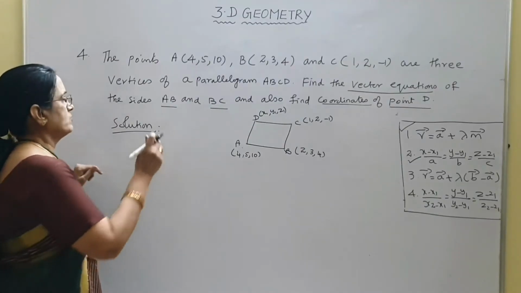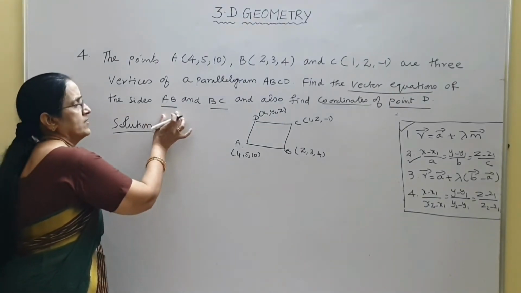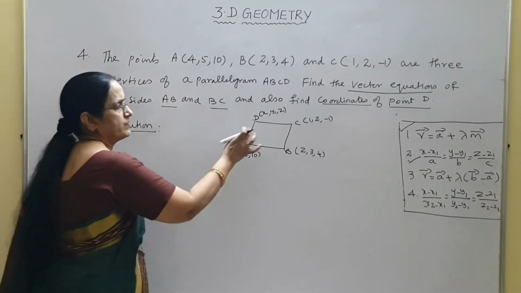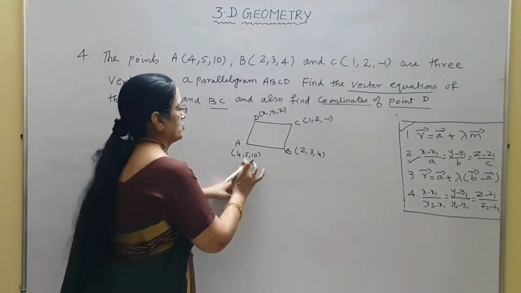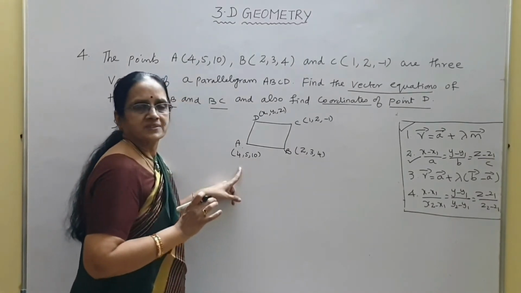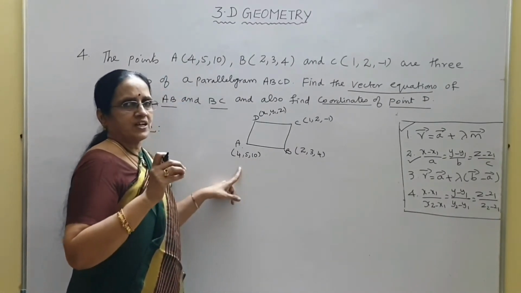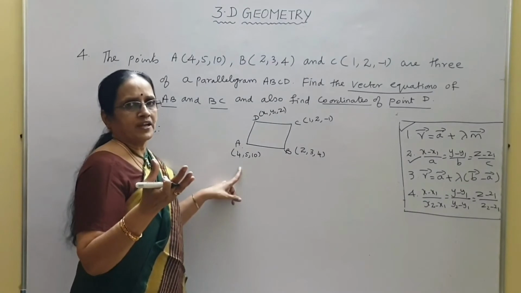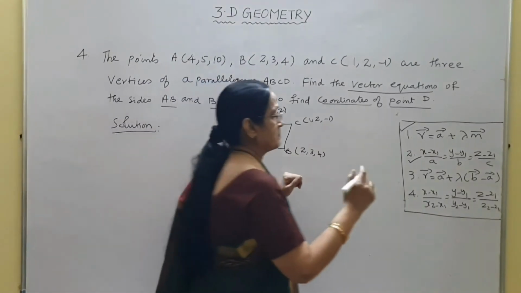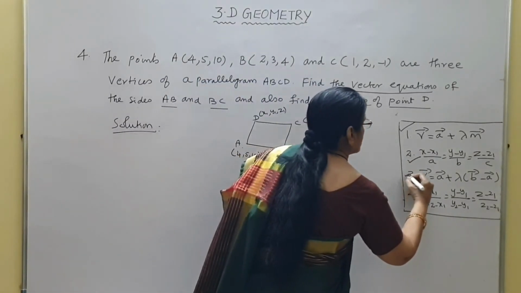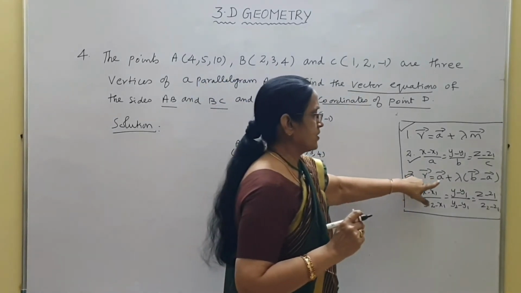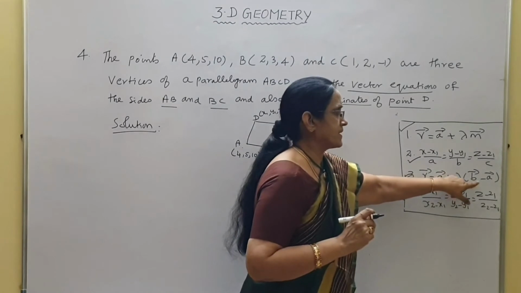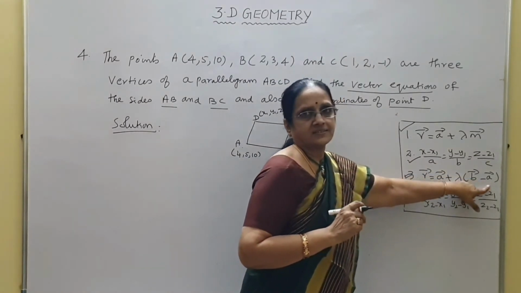First, let us write down the vector equation of the side AB of this parallelogram ABCD. If you see this, you have got 2 points. You know the vector equation of the line passing through 2 points. It is nothing but r vector is equal to a vector plus lambda times (b vector minus a vector).